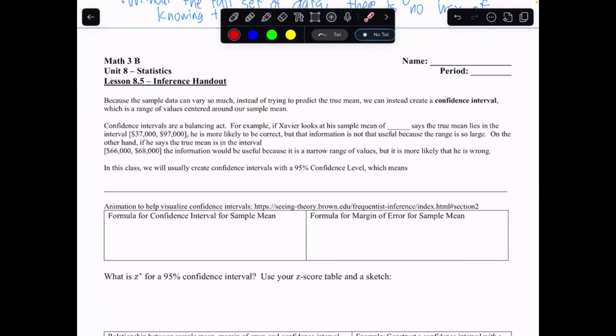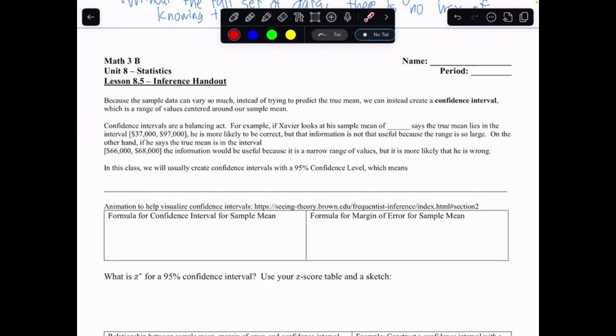It's a lot easier to be close to the answer if instead of saying, I think the answer is exactly 10, you would say, I think the answer is somewhere between 5 and 15, right? So giving yourself a range of values allows you to make a statement that is more likely to be accurate.